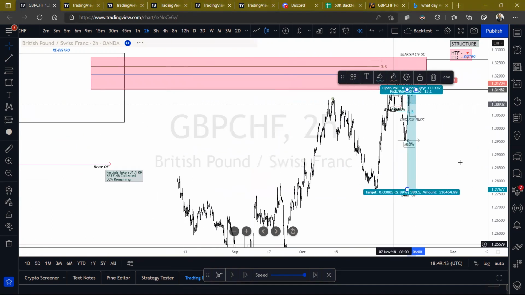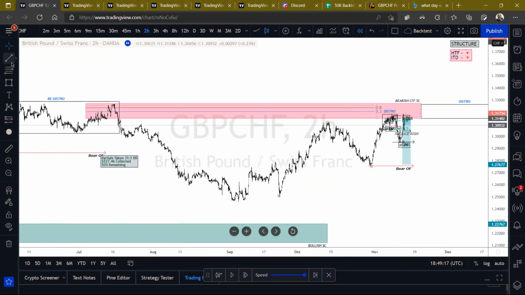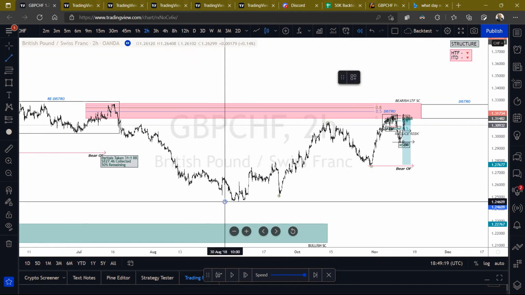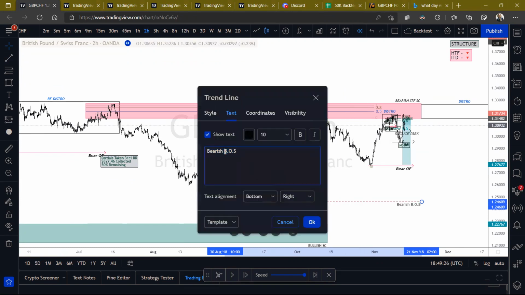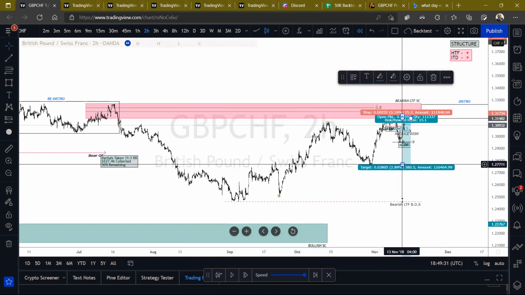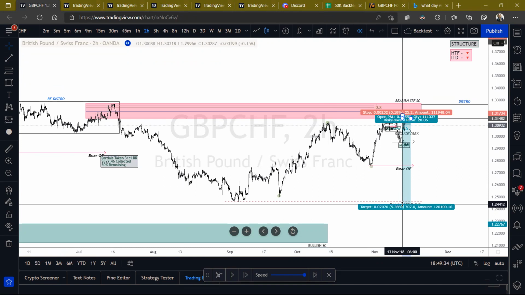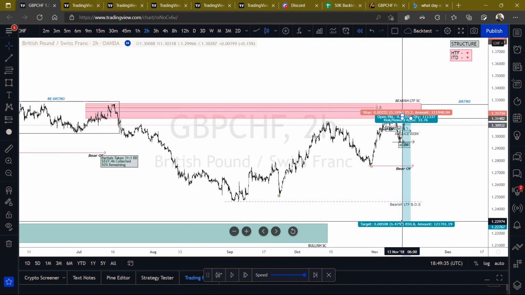And now we're going to go for lower down for breakfast structure. That's going to be our second TP, and this area here is going to be our third TP.